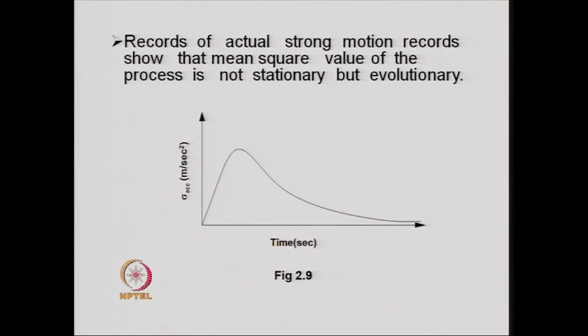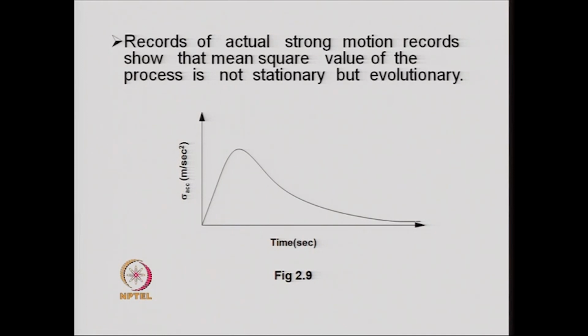It is found that the mean square value does change with time, and therefore, we have to account for this particular pattern of the ground motion in modeling the ground motion as a random process.